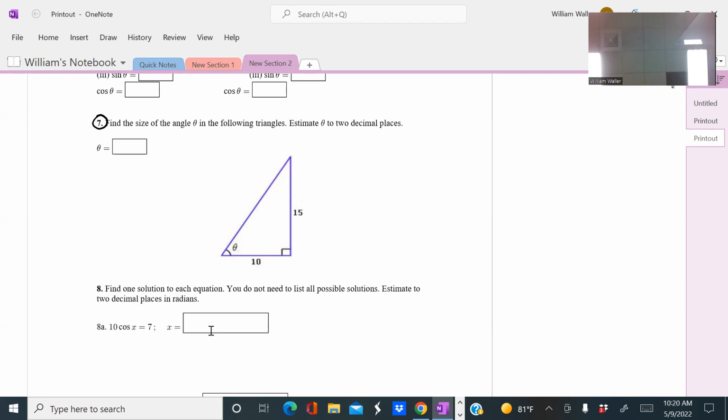And Iris, I think in this picture we're in the same situation, aren't we? Because with respect to theta, what do we know? The opposite and the adjacent, correct? So we can immediately write down that the tangent of theta is 15 over 10, which, if you want to reduce that, is 1.5, or you can also write it as 3/2.